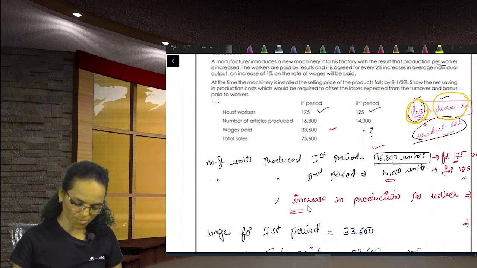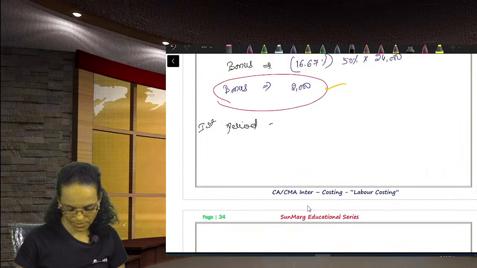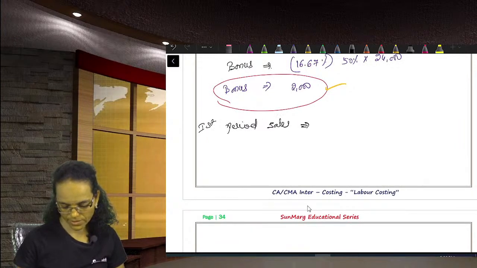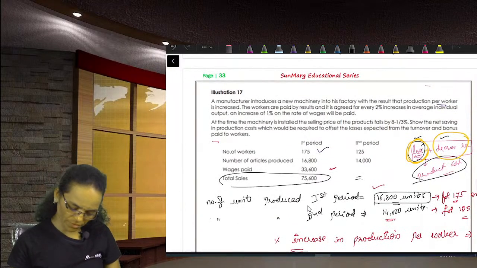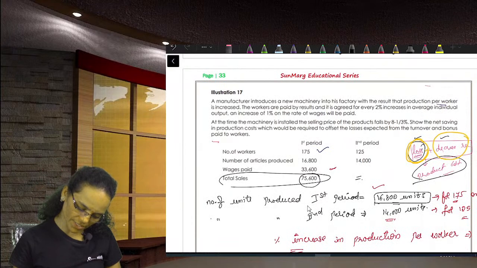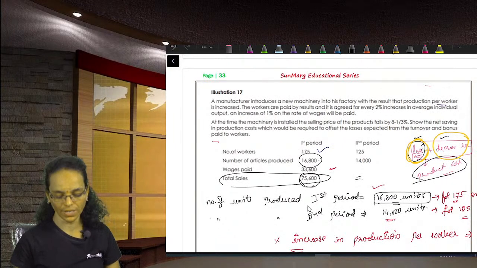Okay. In the first period, what was the sales? Total sales 75,600 in the first period. But in the second period, sales they have not given. So 75,600 is the sale when the number of units produced was 16,800 units.